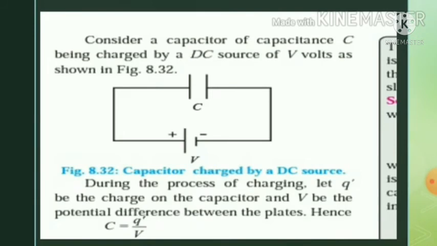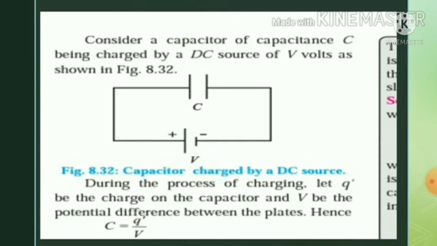During the process of charging, let Q dash be the charge on the capacitor and V the potential difference between the two plates of the condenser or capacitor.